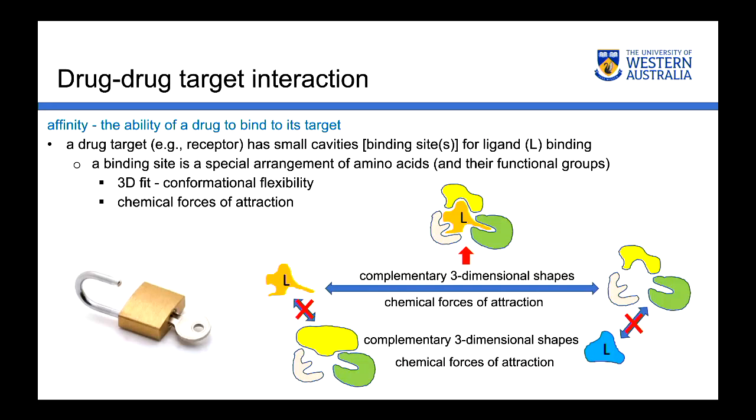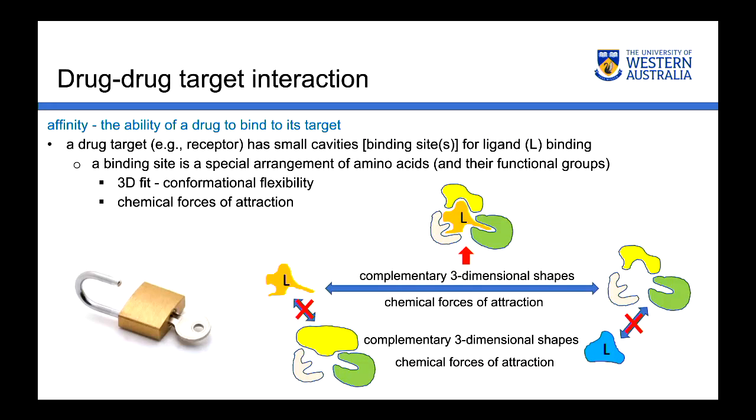The reason a drug binds to a drug target is because of the existence of affinity, which describes the ability of a drug to bind to its target. The reason they can bind, obviously because of affinity, but importantly, is that they are 3-dimensionally fit.